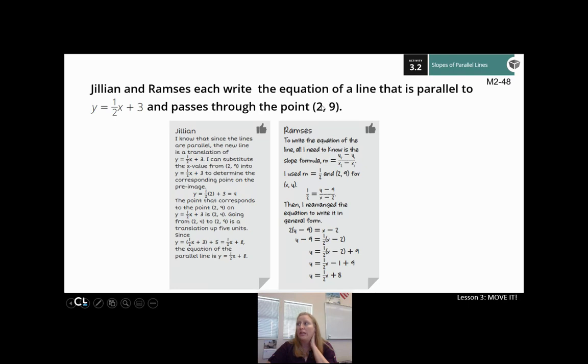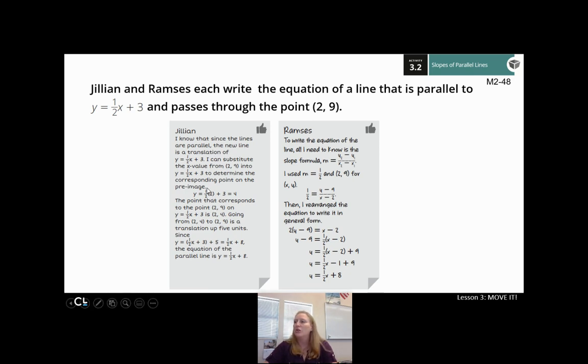Here's my new point. And she can substitute that x value into the function y equals 1/2 x plus 3 to find the corresponding point on the pre-image, the original line.